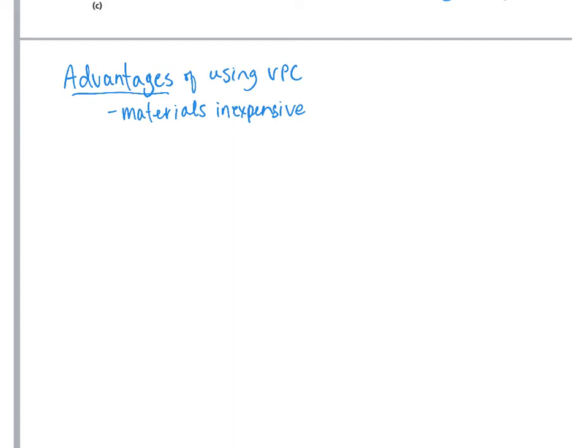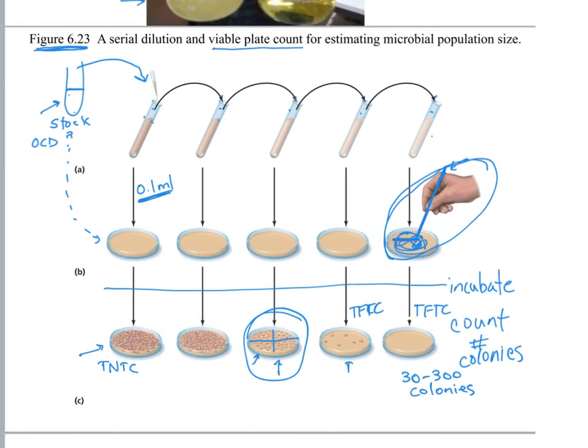Okay, and another big advantage, the V in viable, only live cells are counted. It's only going to be a live cell in that original sample that actually grows up into a colony.